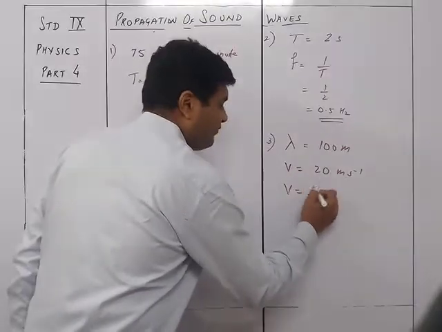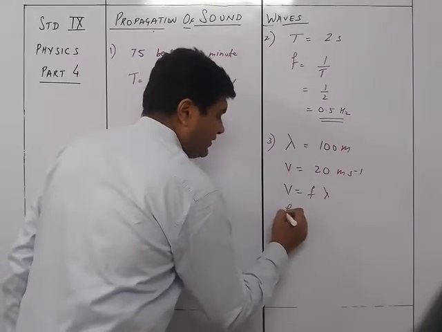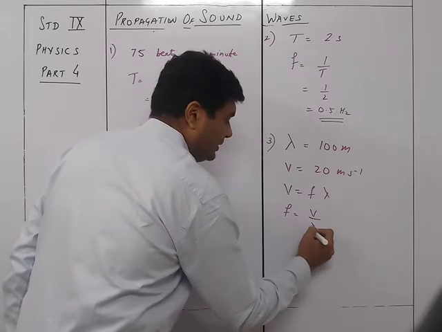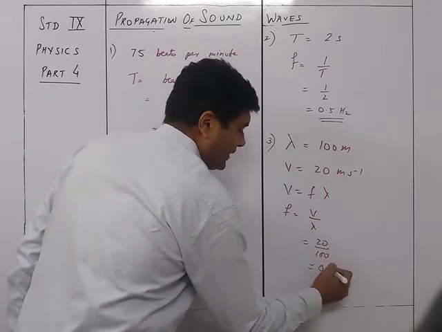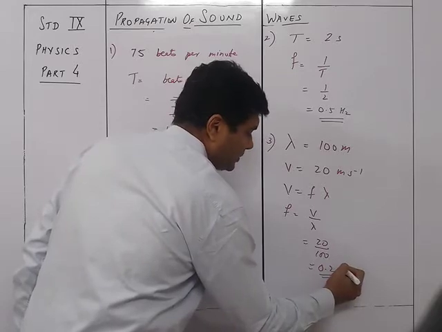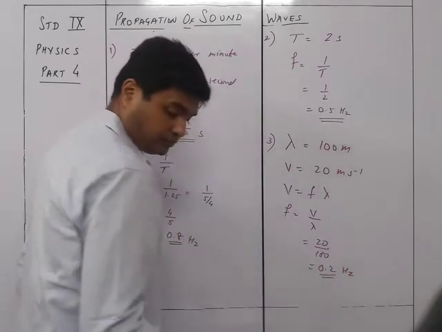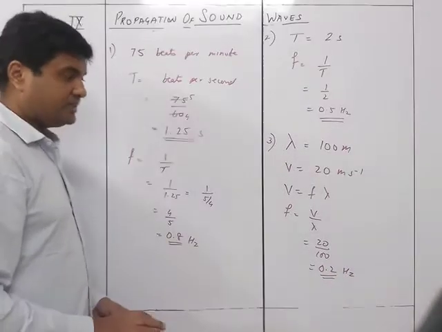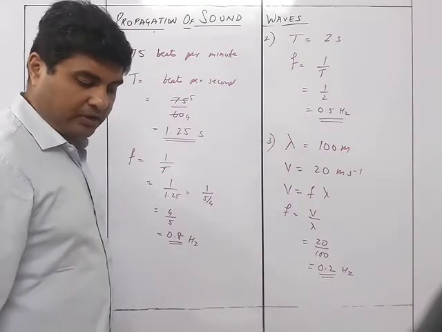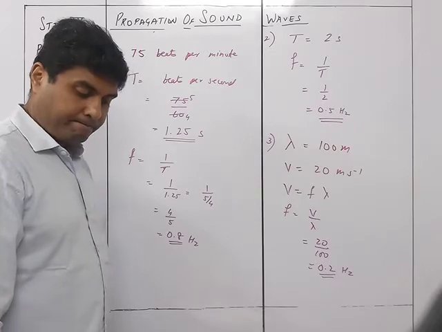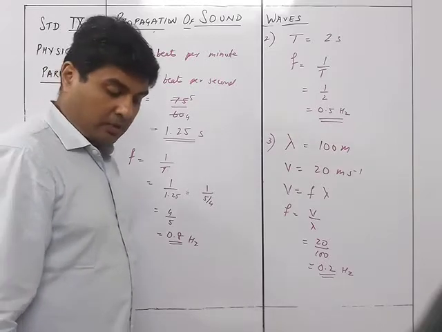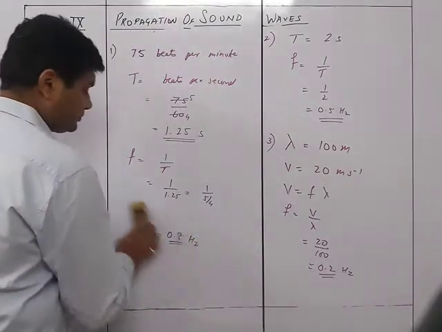V is equal to f lambda. So f is equal to V upon lambda, which is 20 upon 100, that is 0.2 hertz. So that's the third sum, 0.2 hertz. Very easy sum. We move on to the fourth sum.